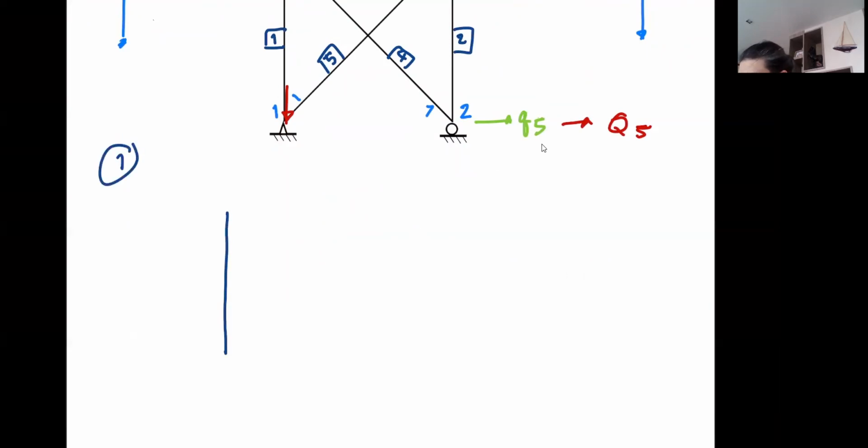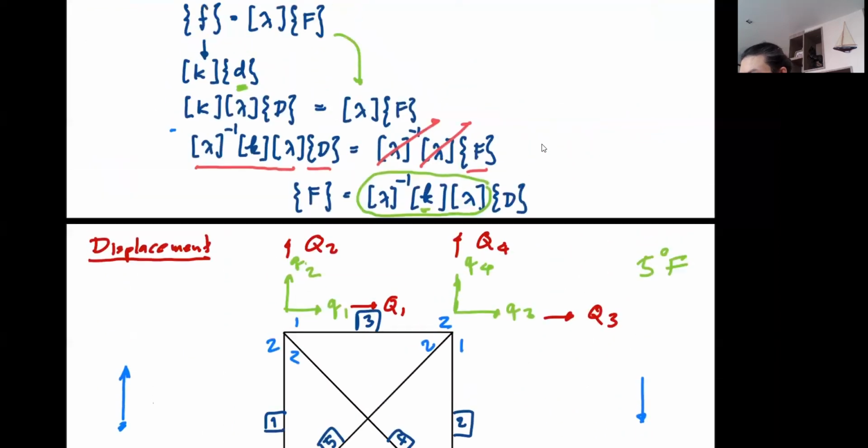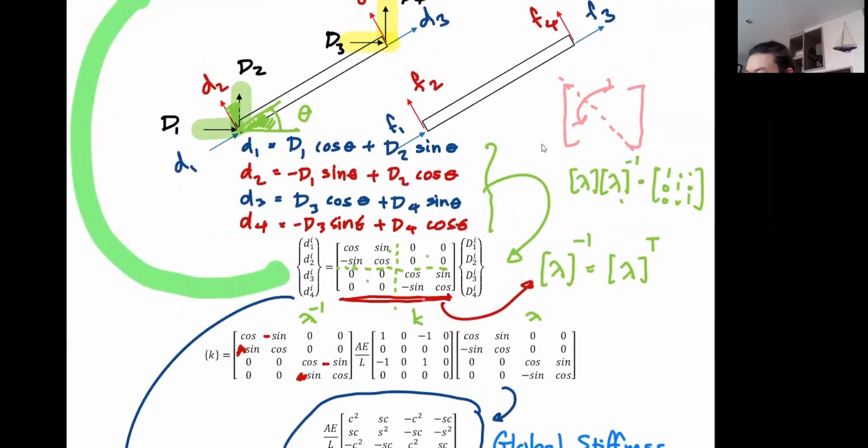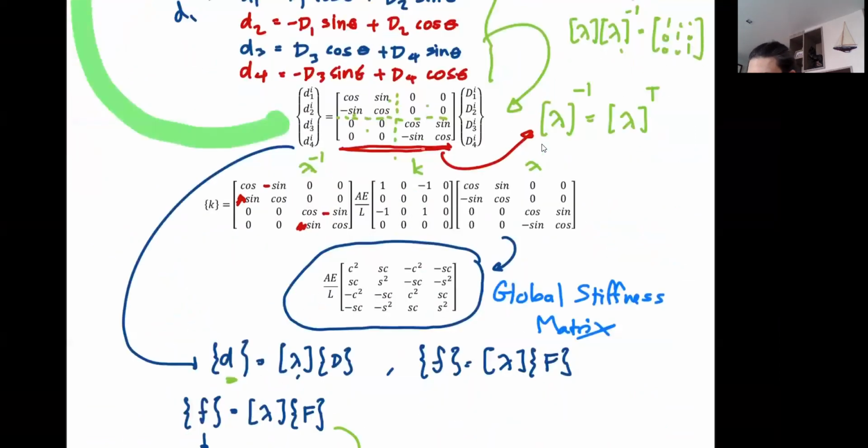I have the local nodes 1 and 2. Meaning, if I go back here and apply the global system, D1 and D2 must be at node 1, and D3 and D4 at node 2.